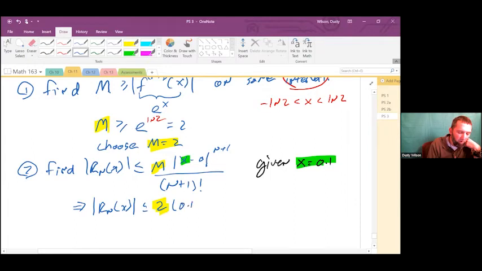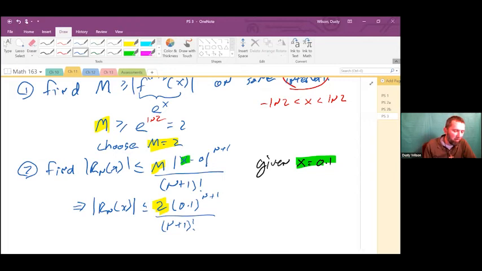So I have 0.1 to the n plus 1 over n plus 1 factorial. And we want this remainder to be under the 0.00001 that we were given.